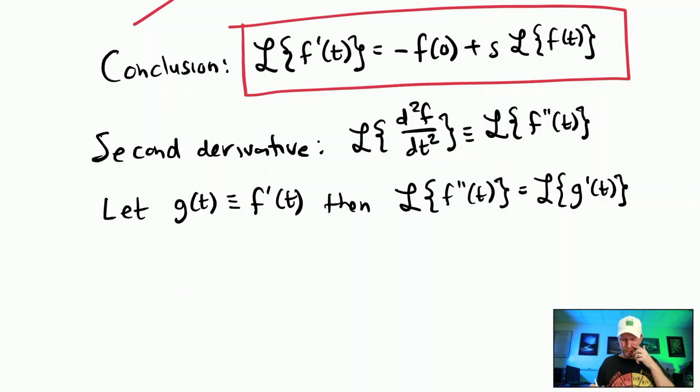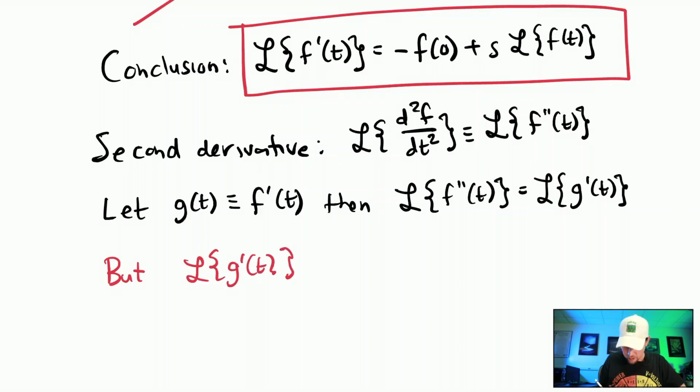But according to what we just had as our conclusion, the Laplace transform of g, and I'll do this in red, the Laplace transform of g is minus the value of g at 0 plus s times the Laplace transform of g of t itself.